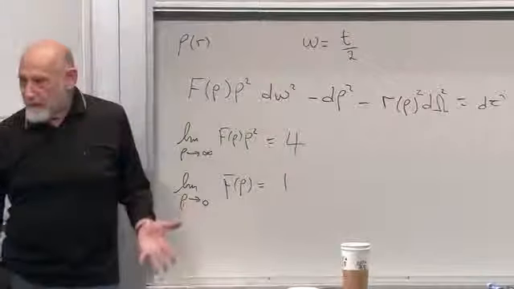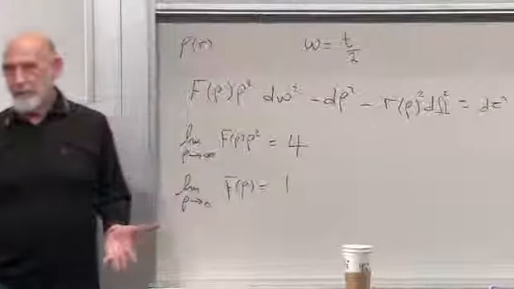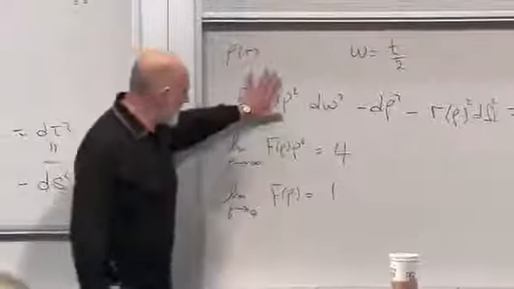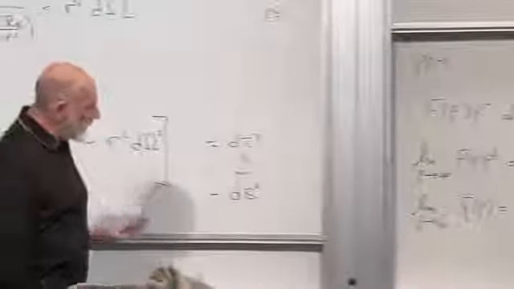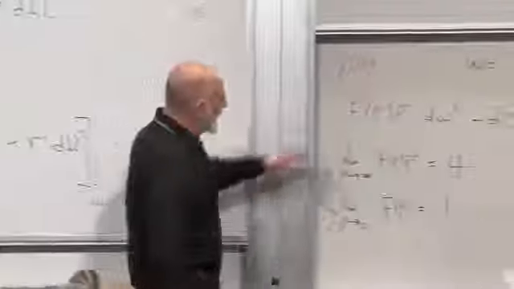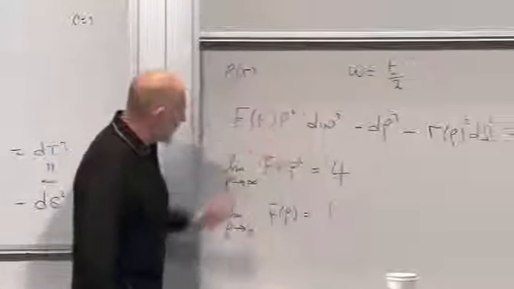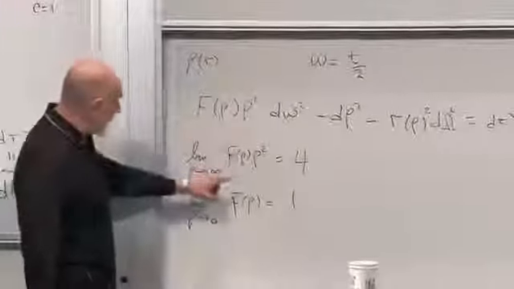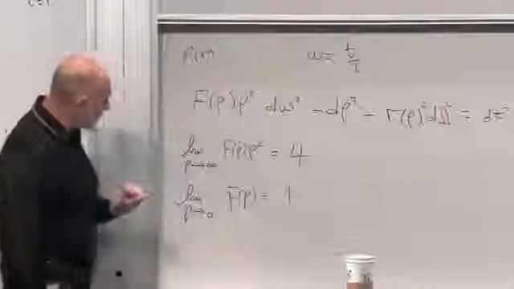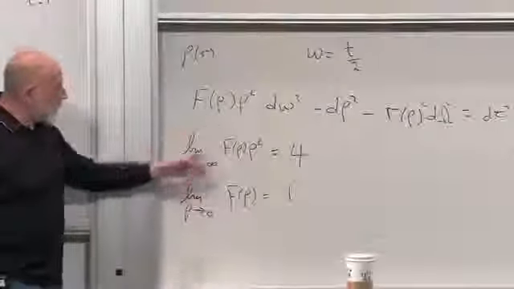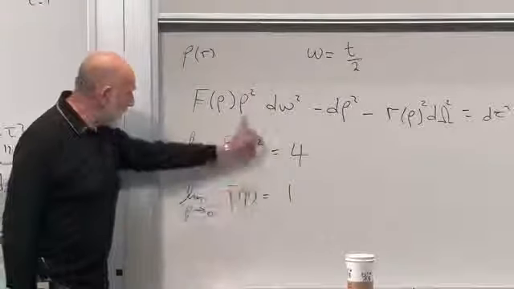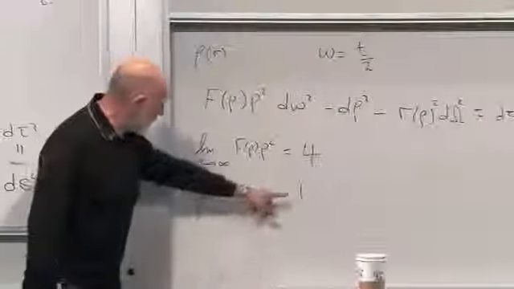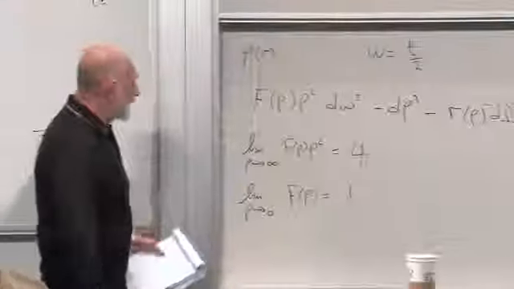You may find that familiar. We've seen that before. That was the reason, incidentally, for dividing it up in this way. Because close to the horizon, f of rho times rho squared is equal to just rho squared, or f just equal to 1.